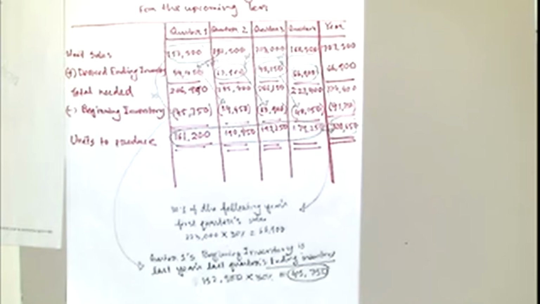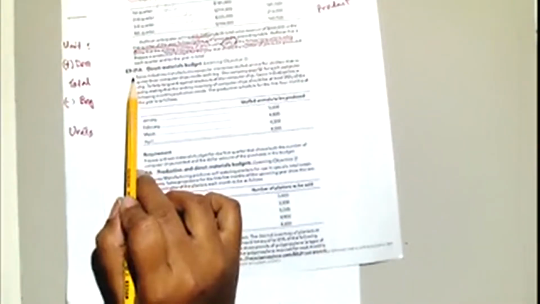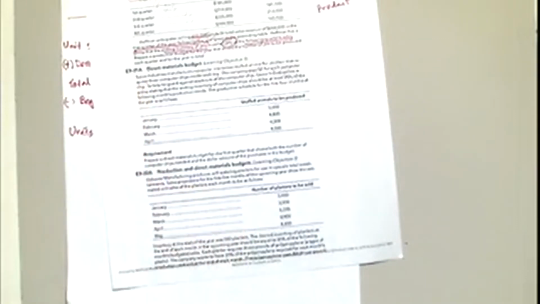Okay, so now we're gonna do one more problem. Well, 2 more actually. The next problem is on the same page. If you check, it's E921A, and it is called Direct Material Budget. Let's try to do this one. Direct material. Concepts are same.